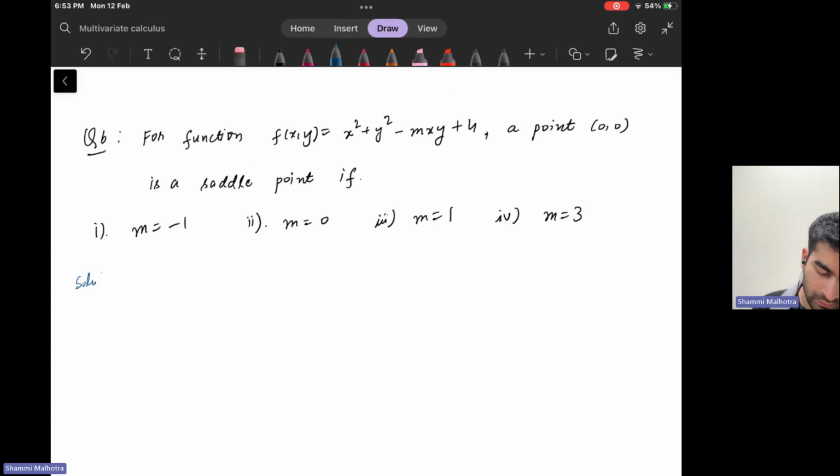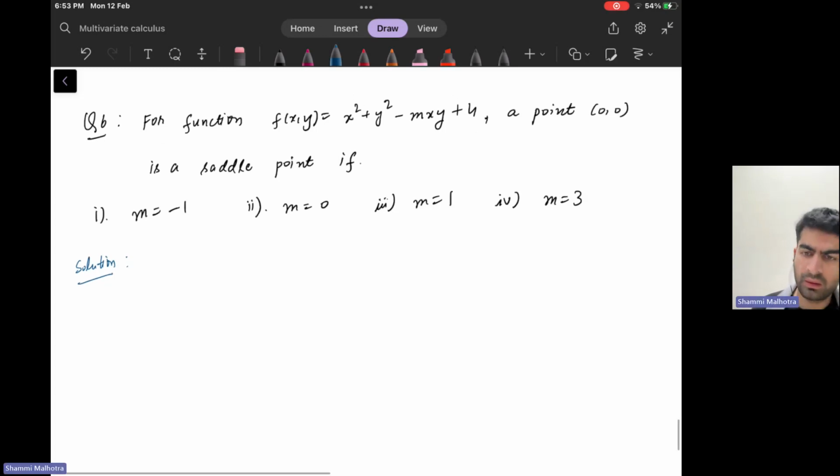So let us compute the value of the determinant which is in the second derivative test. For that we need to calculate the second order partial derivatives. fx is given as 2x minus my, fy would be 2y minus mx.